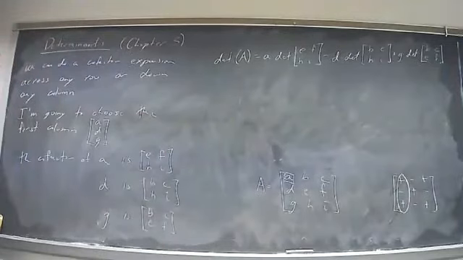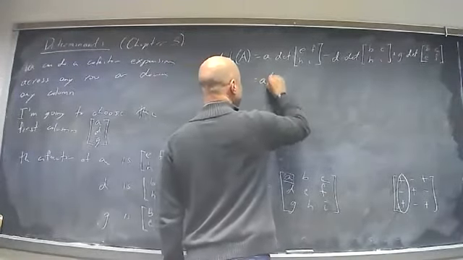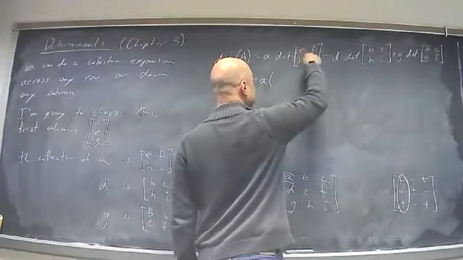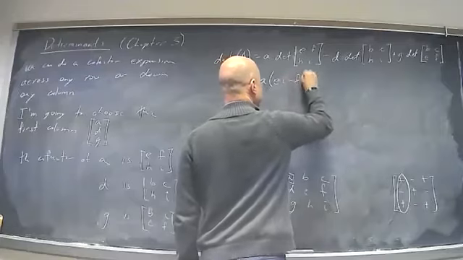And you already know how to take the determinant of a 2 by 2 matrix. So you know that this is equal to A times the determinant of this matrix, which is EI minus FH.